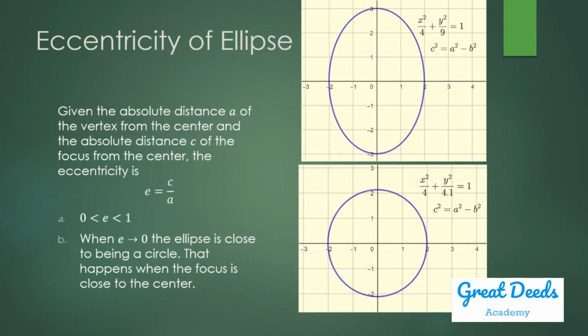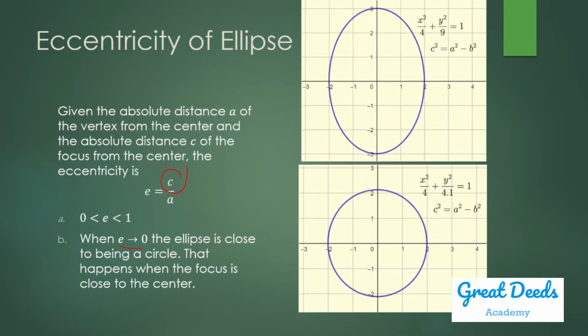Now, another way of looking at it is when E approaches 0, C, the distance of the focus from the center, approaches 0, in which case it's telling you that the center and the focus are close to coinciding with each other. And so the fixed point now becomes the center, so to speak.